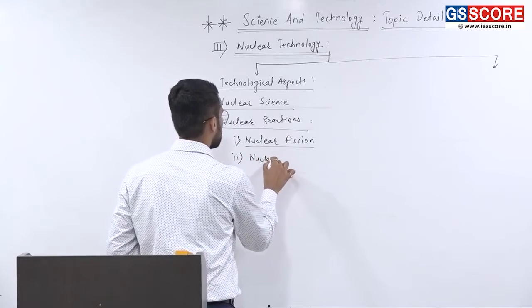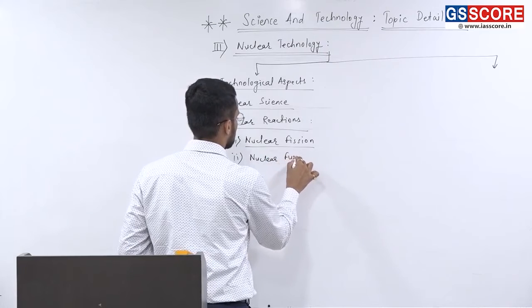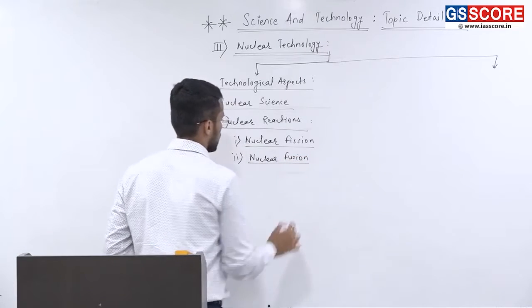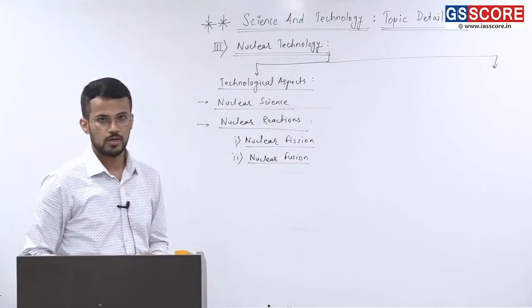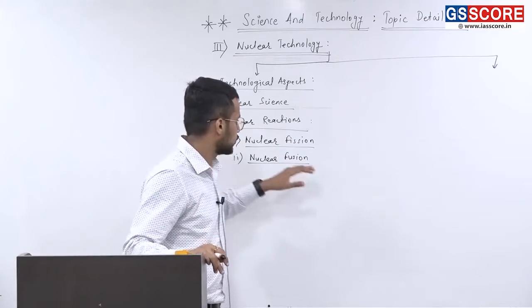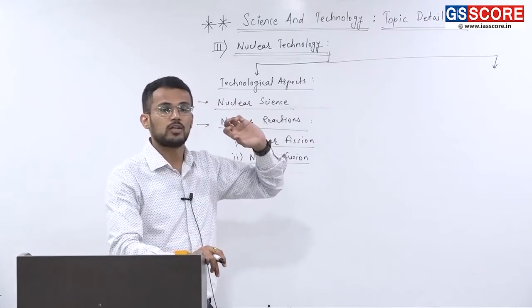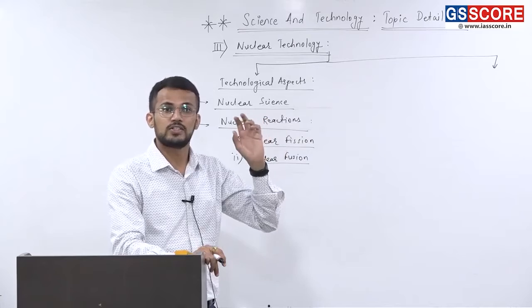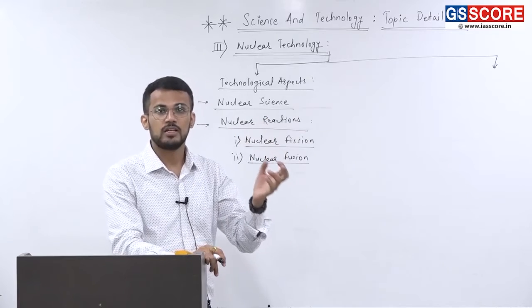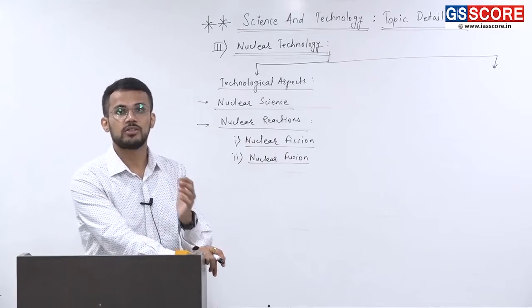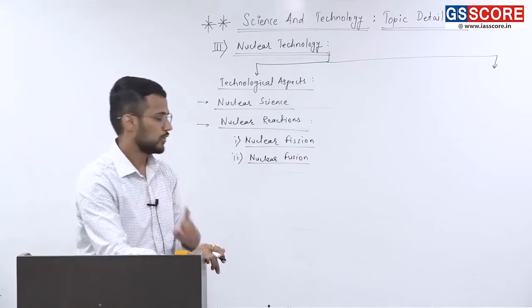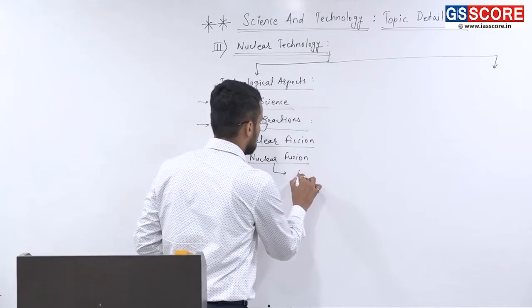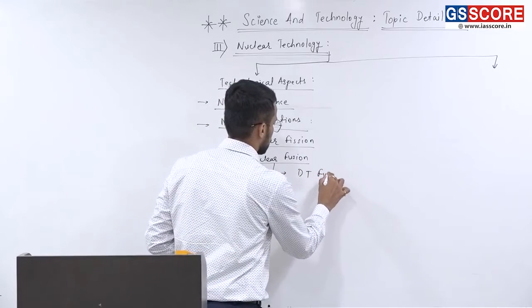Secondly, nuclear fusion reaction is also important. Nuclear fusion. What exactly do we mean by nuclear fusion reaction that occurs in the stars? What is nuclear fusion reaction in laboratory, which is also called as DT fusion?